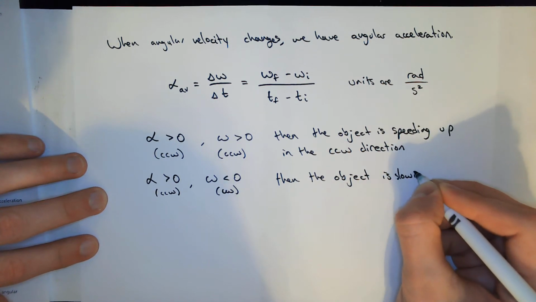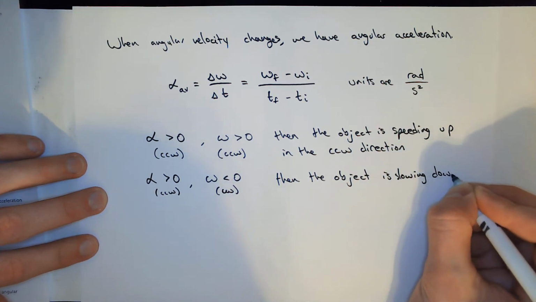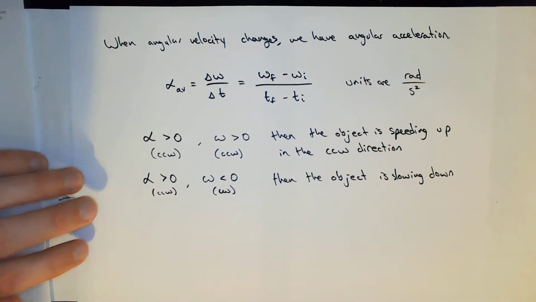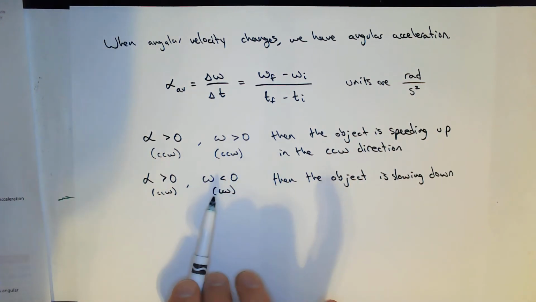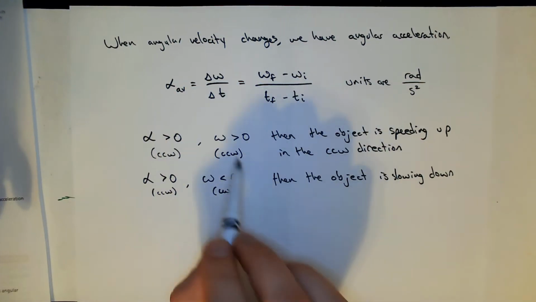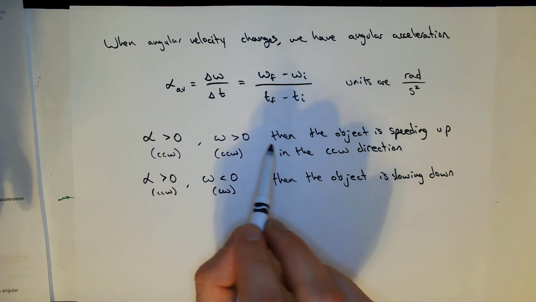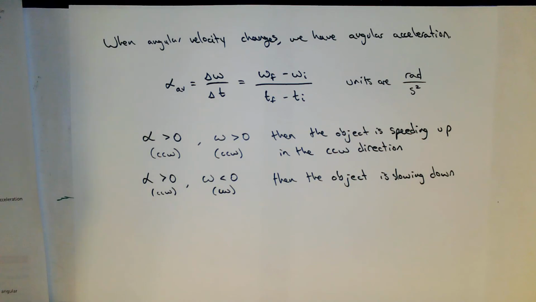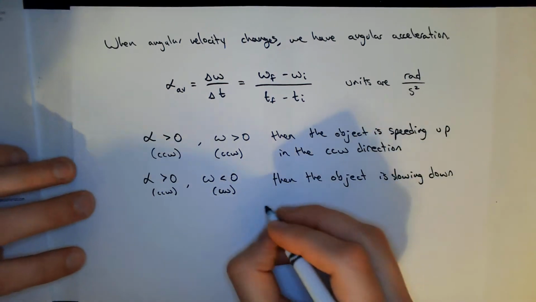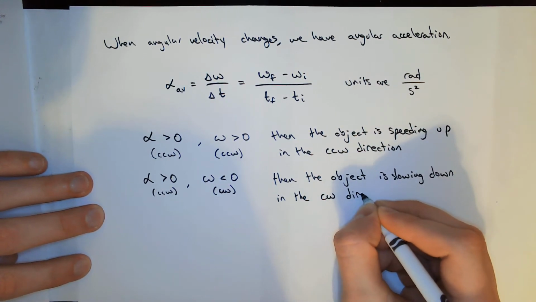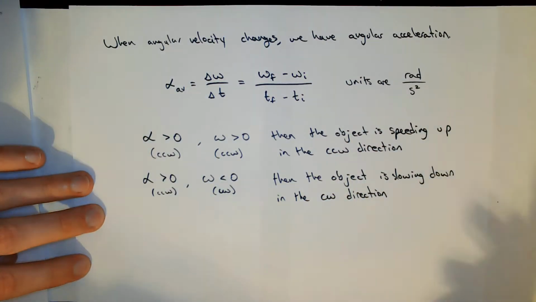Slowing down. Now, what direction do I say it's in? It's currently rotating clockwise, and it's slowing down, and eventually it's going to slow down and then start spinning the other way. That's what the acceleration is going to do to the rotating object in this case. So, what should I say? The object is slowing down in the clockwise direction, because it's still going in the clockwise direction.